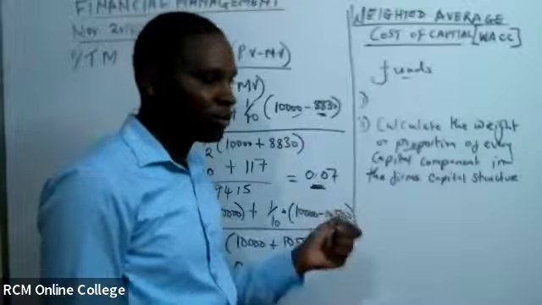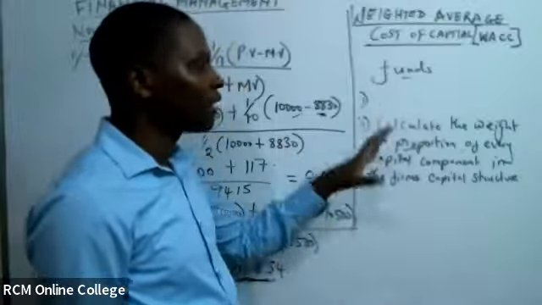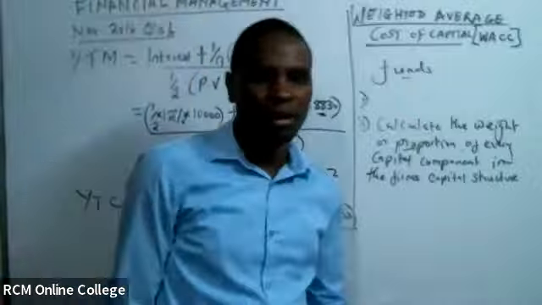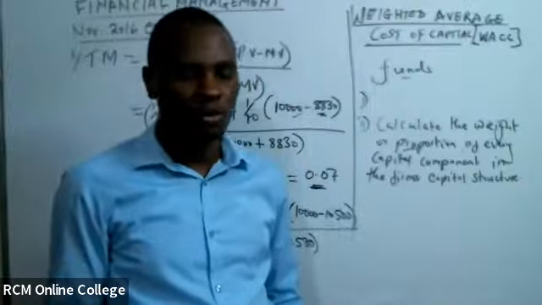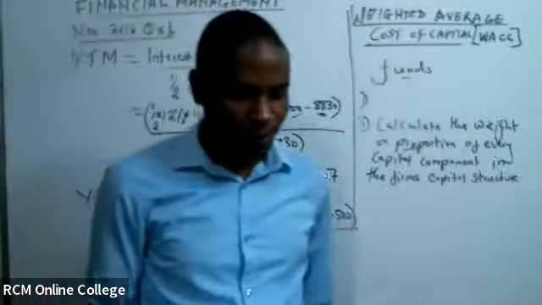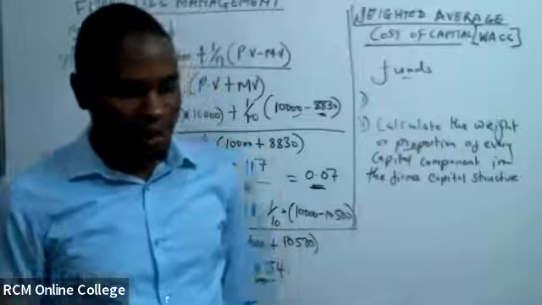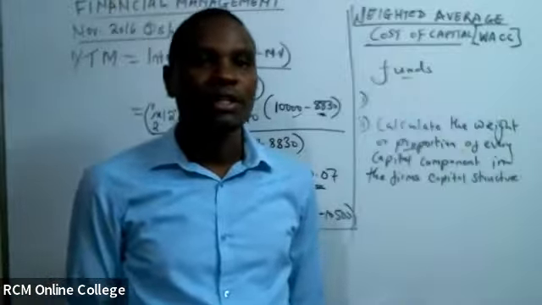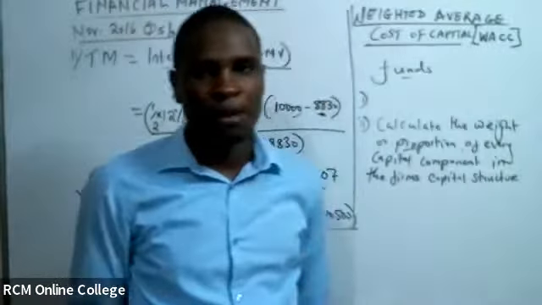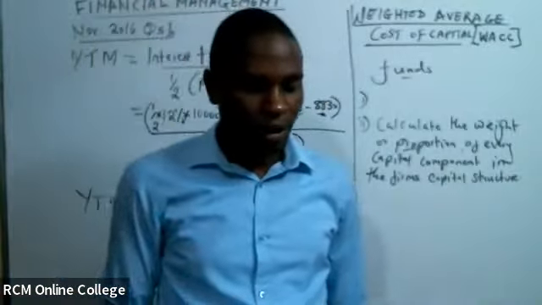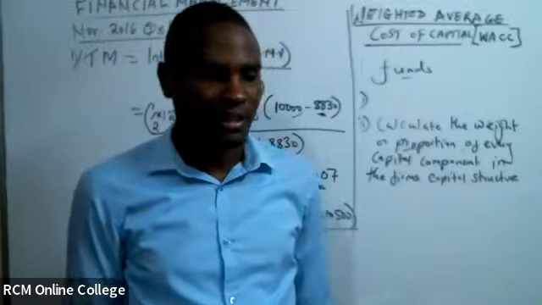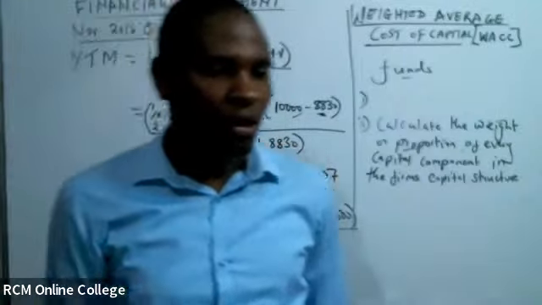What are some of the reasons why we use the market value when calculating the weight? You can say that market values are normally considered in calculating WACC because, Roman number 1.